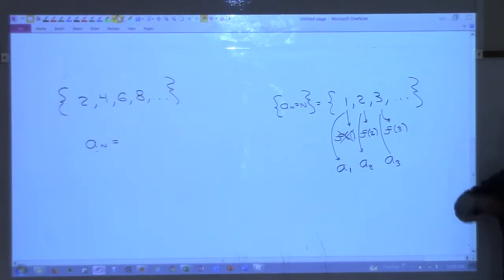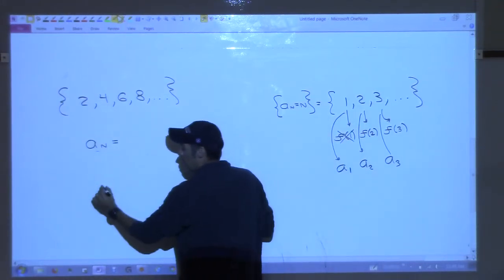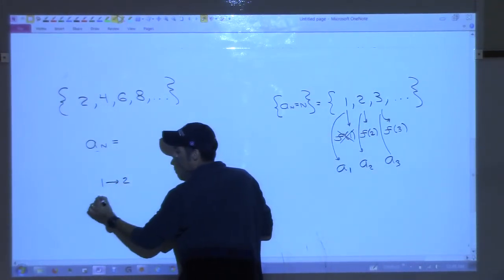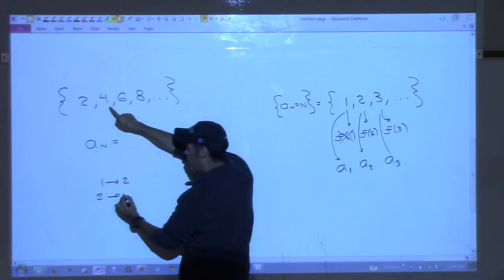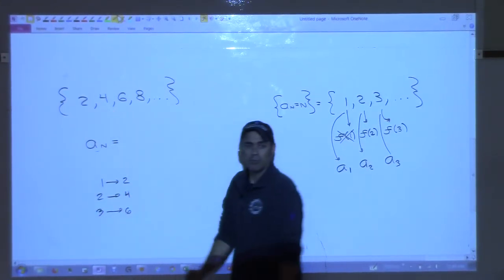So I don't want the same people that know, like, see it answering. I want people that don't quite see it to at least think a little bit about it, all right? So somebody want to tell me what the function is? What this is saying is that when we plug in 1, it spits out 2. When we plug in 2, it spits out 4. When we plug in 3, it spits out 6, right? So who's got it?